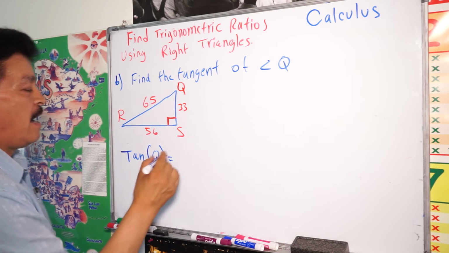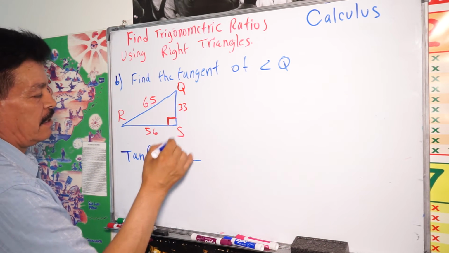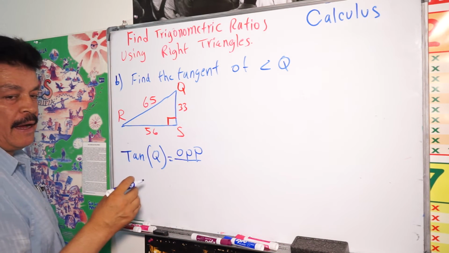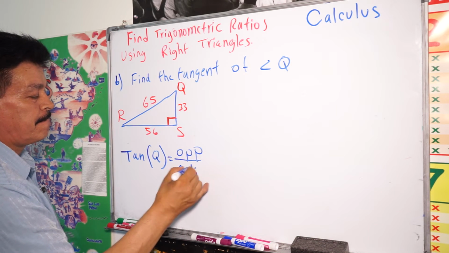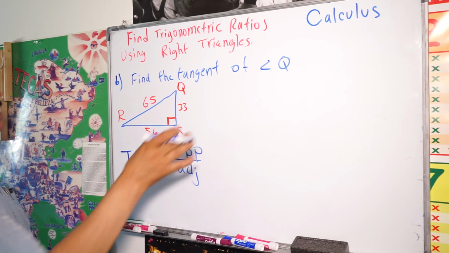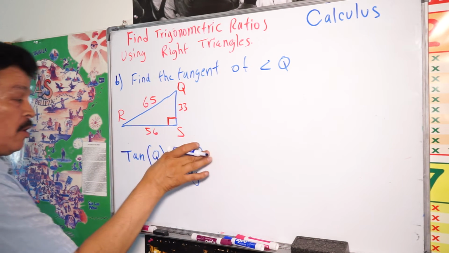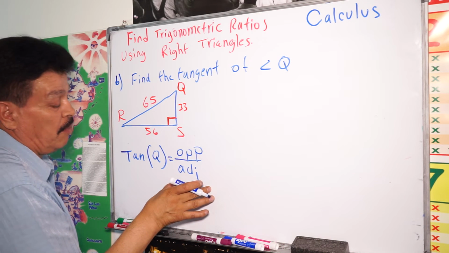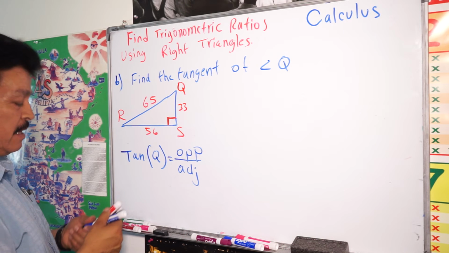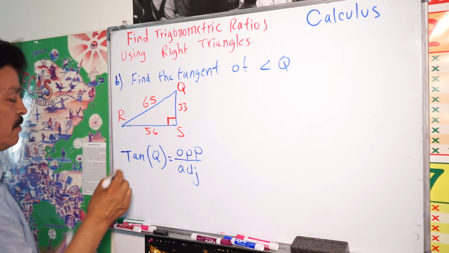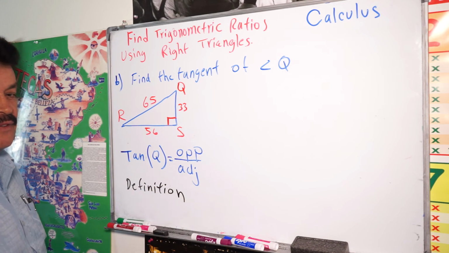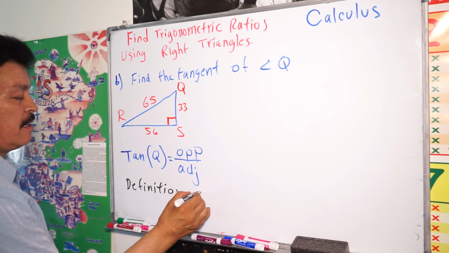The definition is opposite cathetus divided by adjacent cathetus. Okay, so this is the definition of tangent.